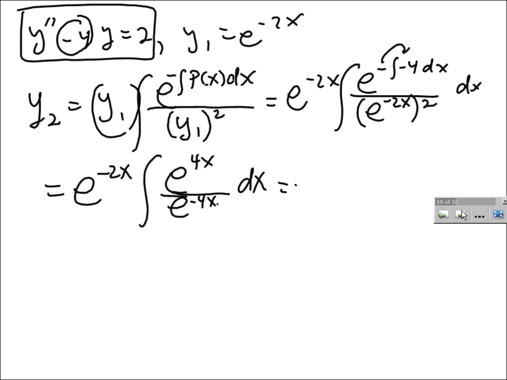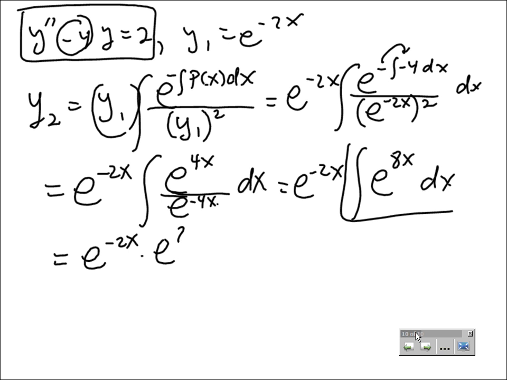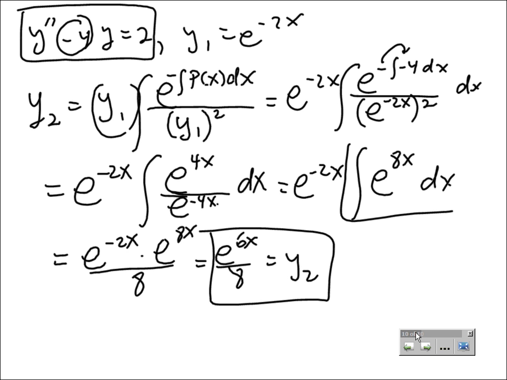Okay, and this is e to the negative 2x times the integral of e to the 8x dx. So we get e to the negative 2x times this integral, which is e to the 8x over 8, which is e to the 6x over 8. And this here is our second solution to the homogeneous equation.